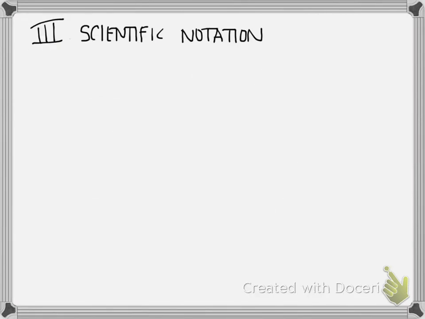Okay, so now we're going to talk about scientific notation. So remember, scientific notation takes small numbers and large numbers, and you can rewrite it. So if I had this number and I wanted to write it in scientific notation, remember you would move your decimal.